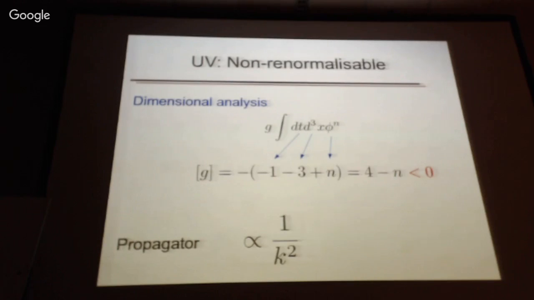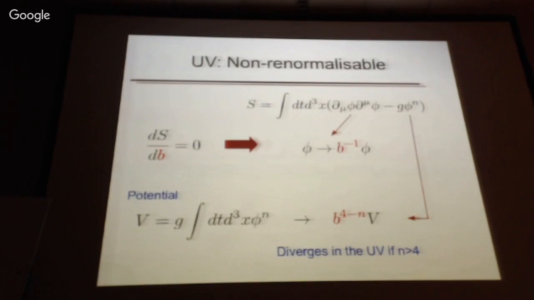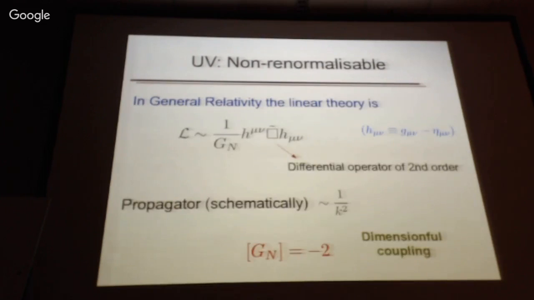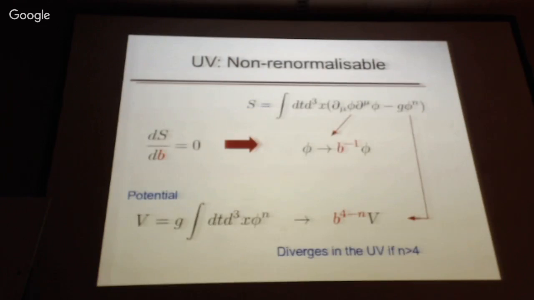Again, if n is bigger than 4, my coupling constant, the constant in front of the potential, has negative mass units. You've seen this in the quantum field theory course: whenever you have a kinetic term like this, your propagator goes like 1 over k squared, and I don't have a mass term, so I'm not putting a phi squared.